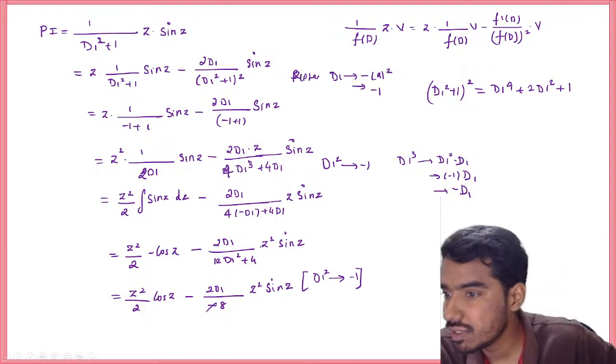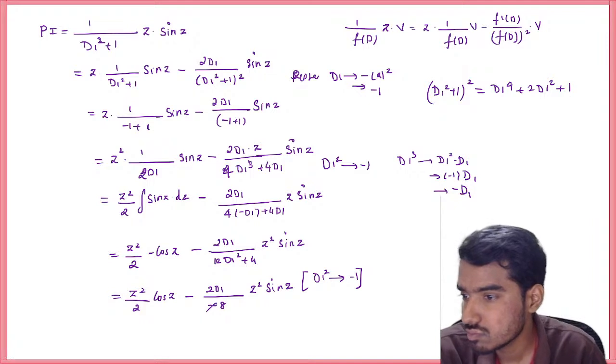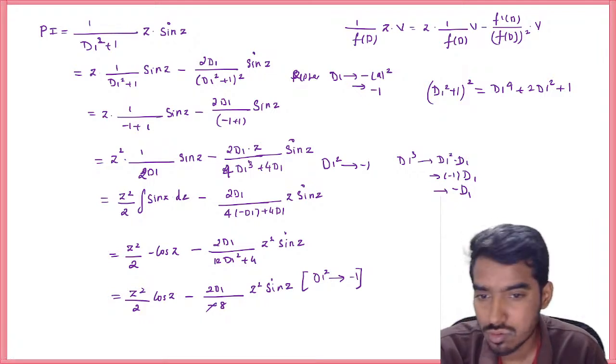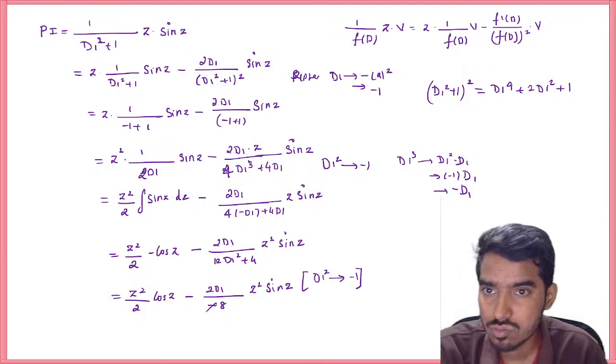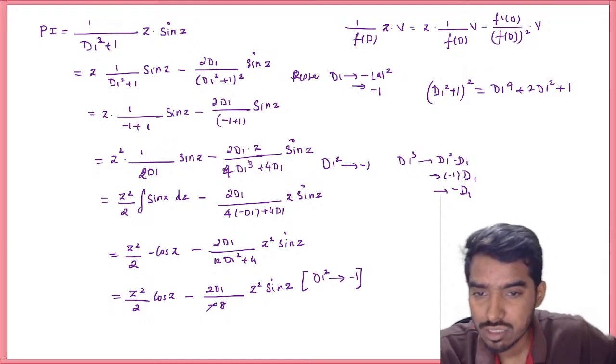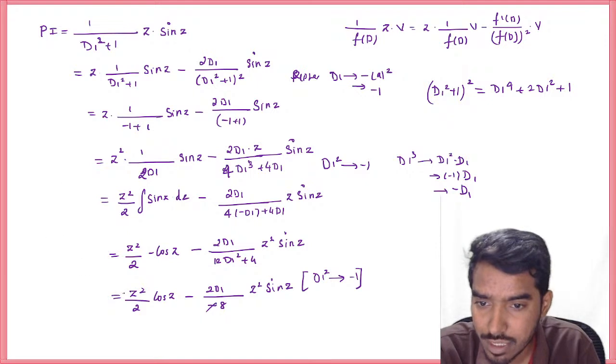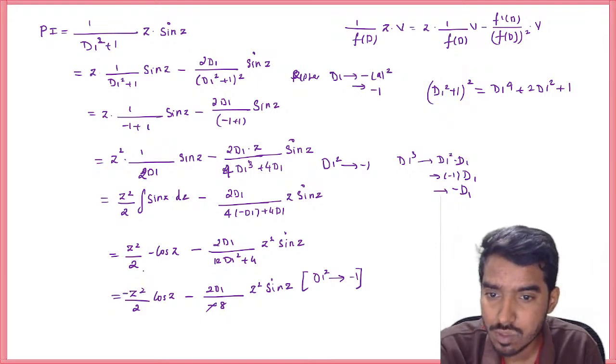Any mistake we have made here? Integration of minus cos z, so here you have minus z square by 2, sorry, minus z square by 2 cos z.